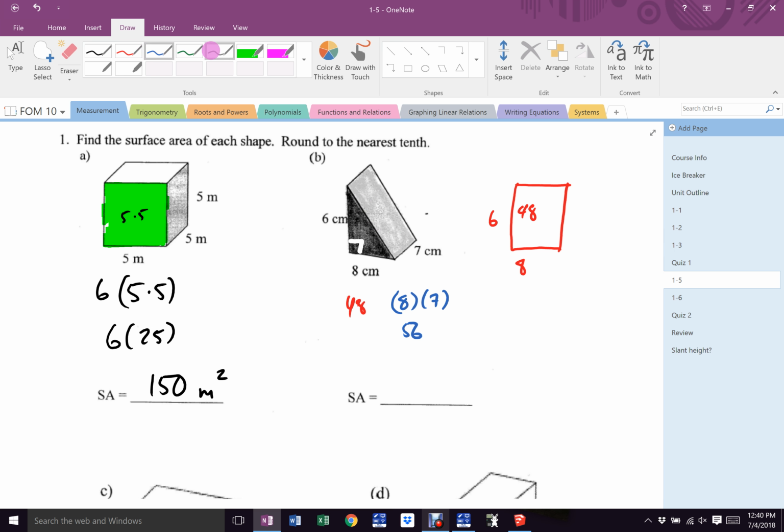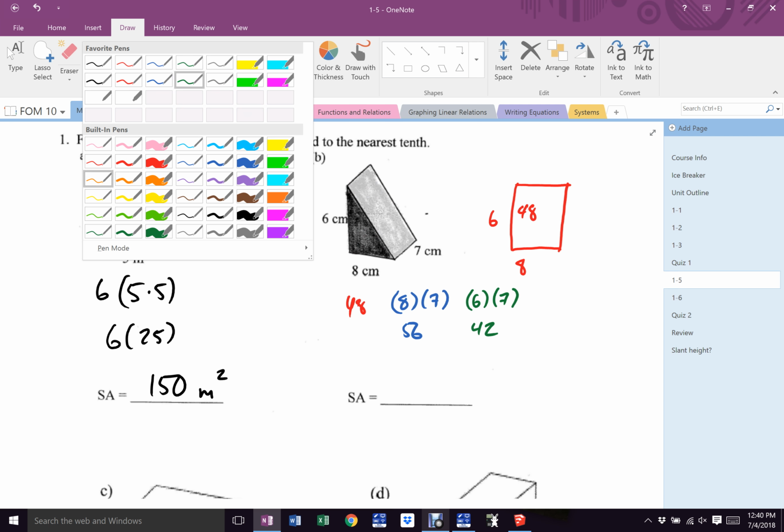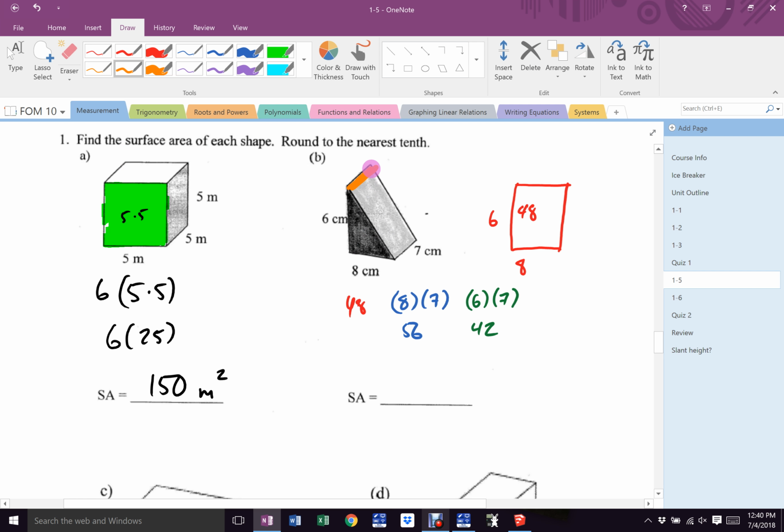Then there's the back rectangle. How big is that? 6 by 7, which is 42. Then there's this rectangle. How big's that?